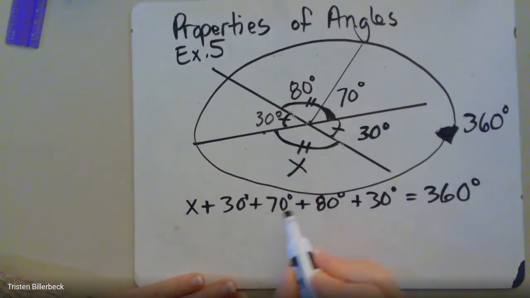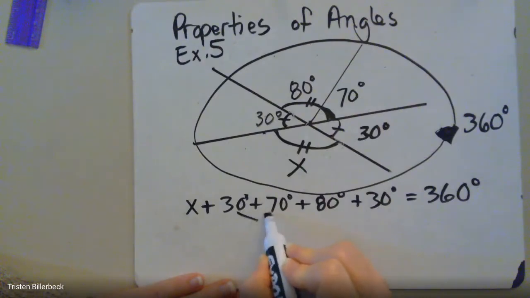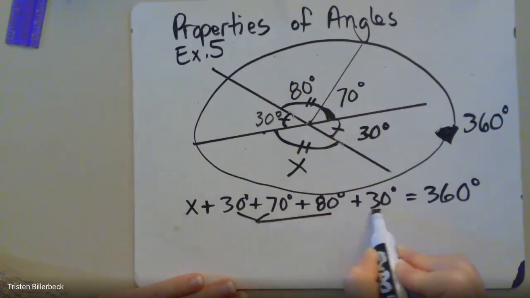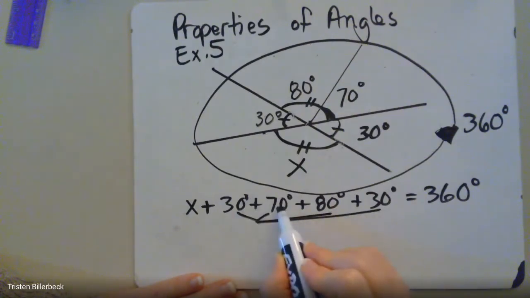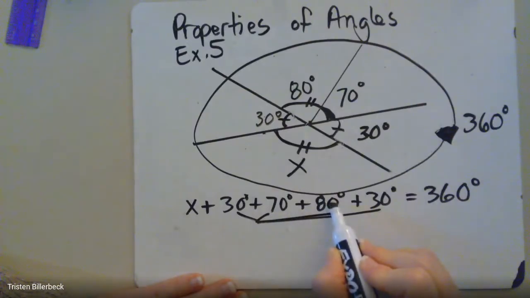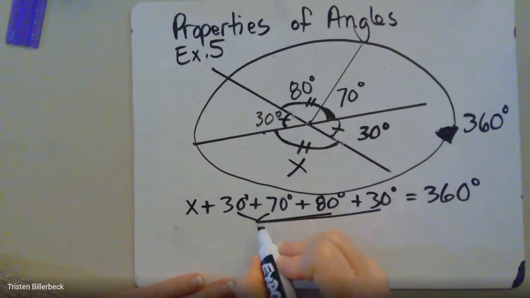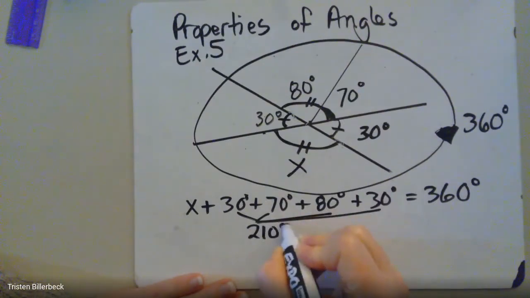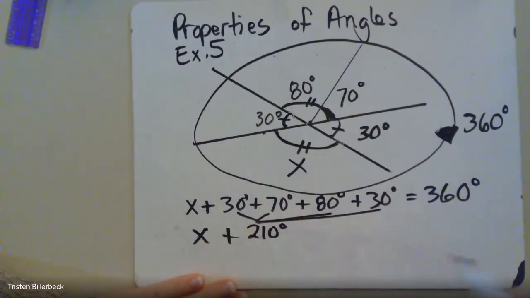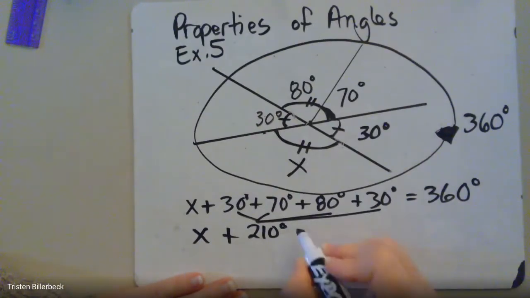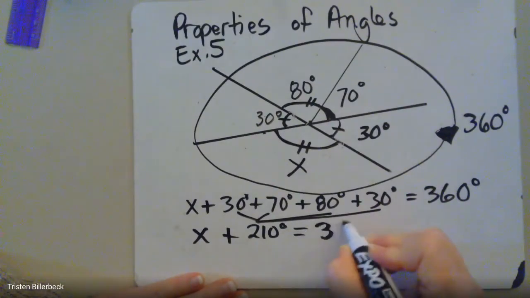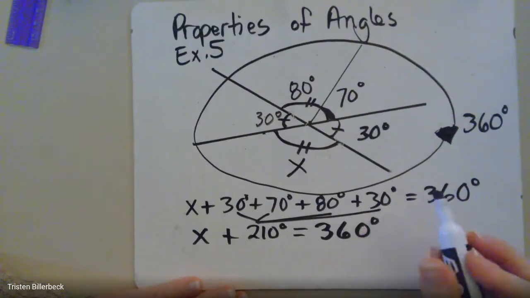So we combine our like terms, which are all these. So 30 plus 70 is 100, 100 plus 80 is 180, 180 plus 30 is 210 degrees. So we have x plus 210 degrees equals 360 degrees.